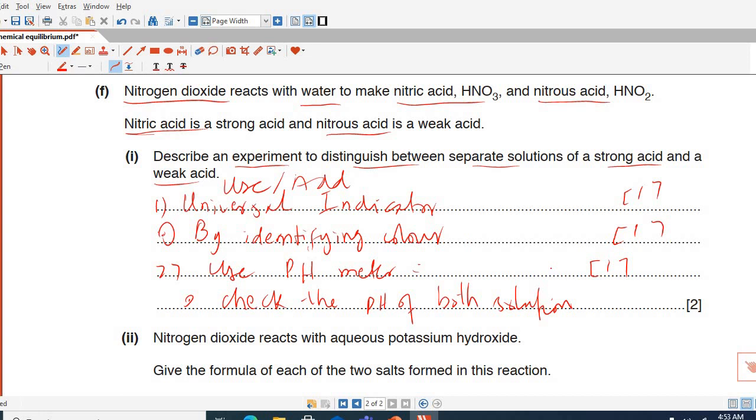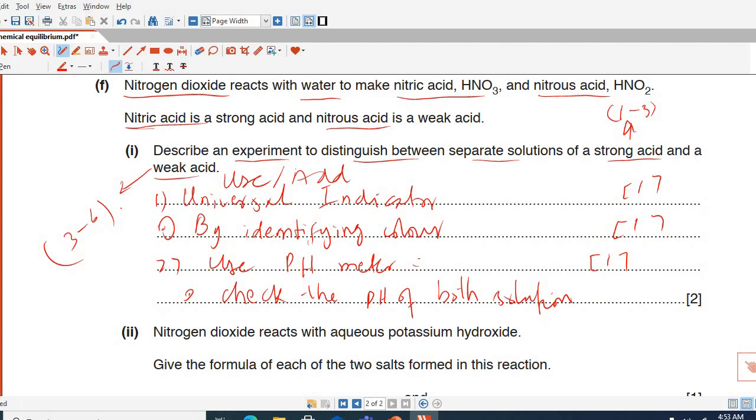You have to check the pH of the both solutions. A strong acid will have the pH from 1 to 3, right? And the weak acid will have the pH from 3 to 6. So this is the answer, right? Now this was the one part.